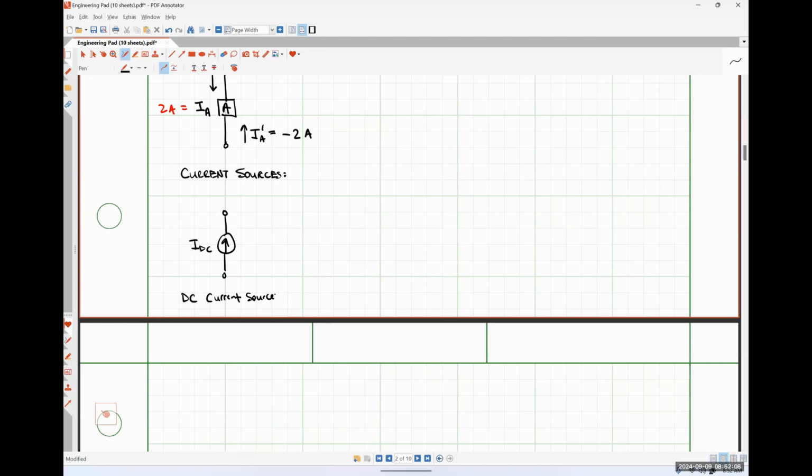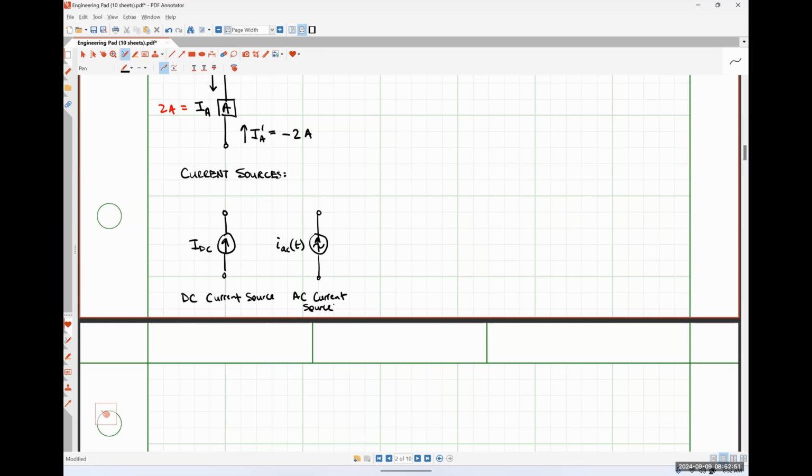Okay, pretty straightforward. Here we'll have our AC current source. Same symbol, except that there's a tilde in the middle of it to let us know that our current is changing in time. And then our magnitude would be represented by IAC as a function of time, all lowercase. These are our two independent current sources. So they provide a fixed amount of current regardless of what they are connected to.